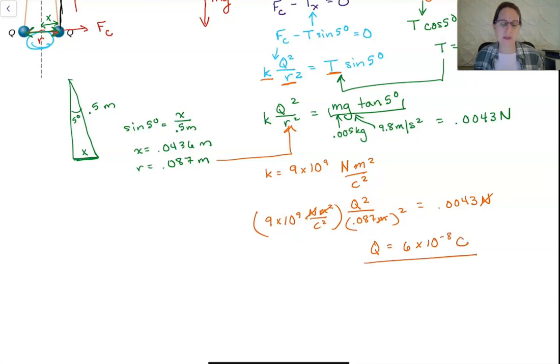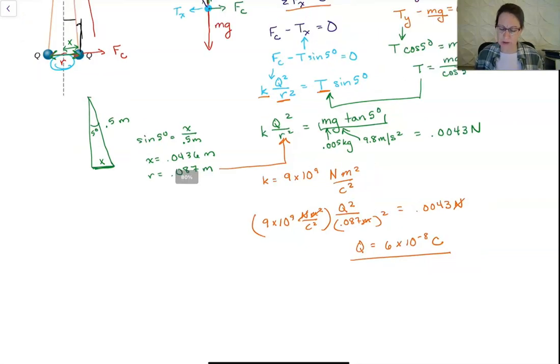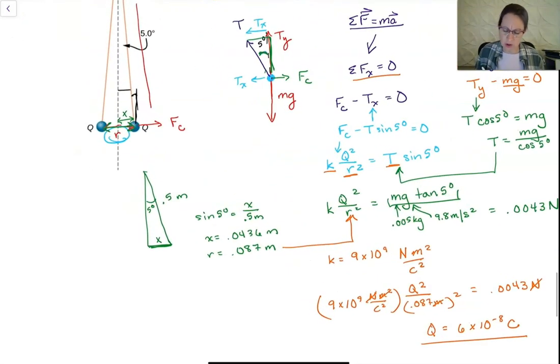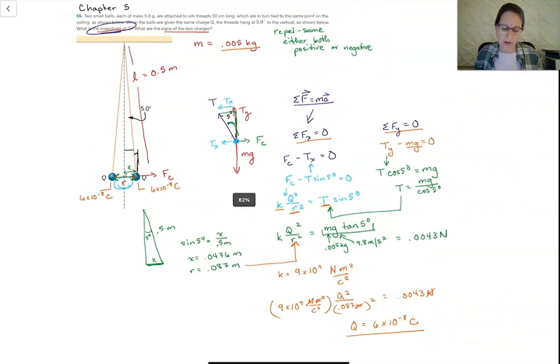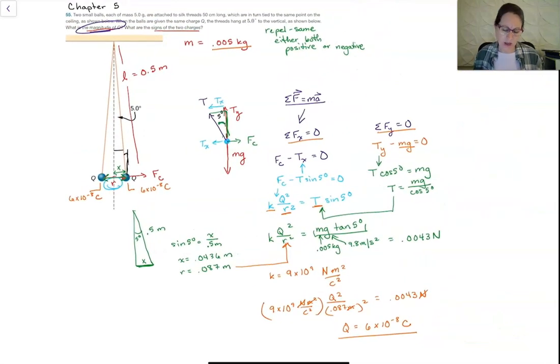Okay, so that is the charge on each of these. This is 6 times 10 to the minus 8 coulombs. This is also 6 times 10 to the minus 8 coulombs. So that's the charge on these little masses, and that's what provides the 5 degrees.